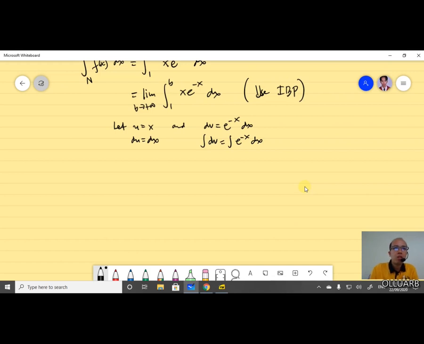Again, please recall your calculus 2. This implies that we have the limit of uv minus the integral of v du, where du is dx, as b approaches positive infinity, from 1 to b.